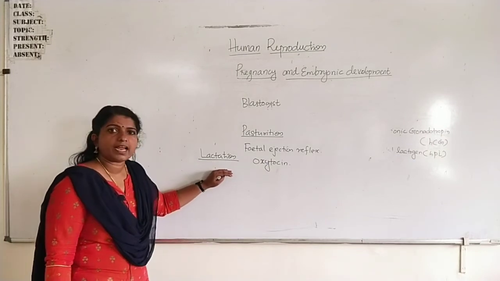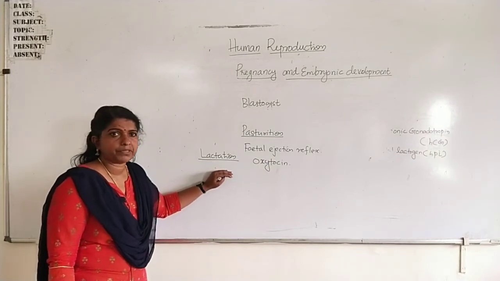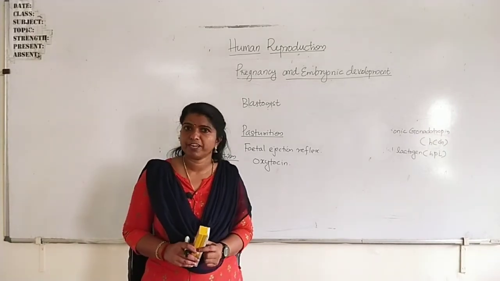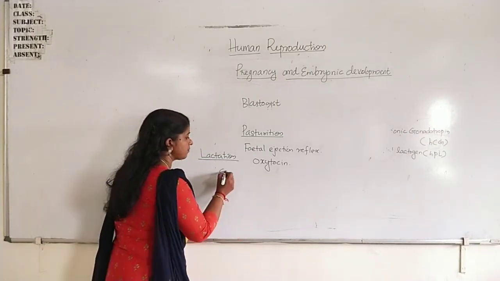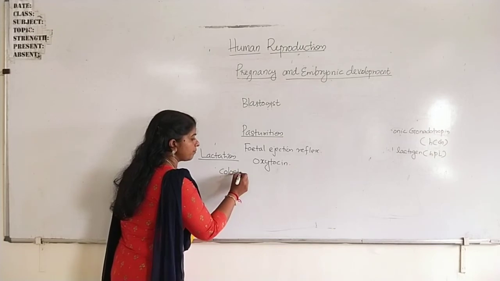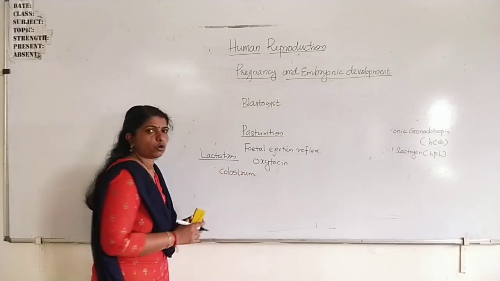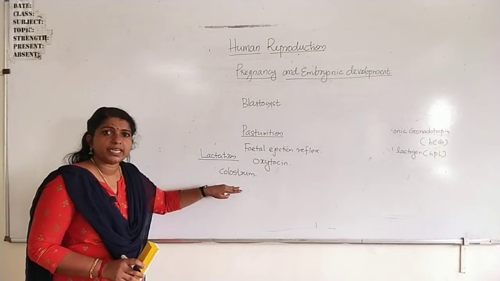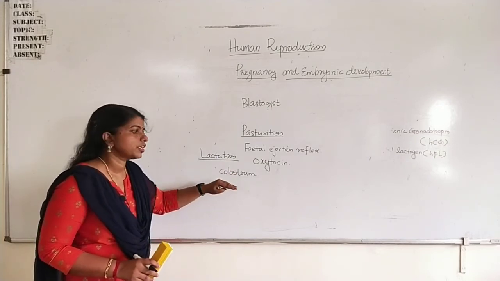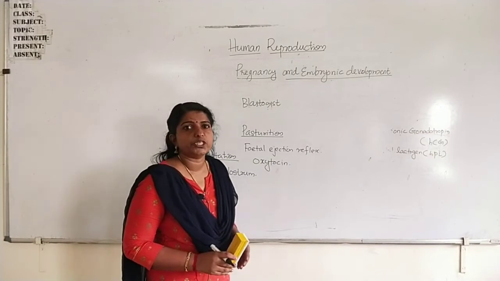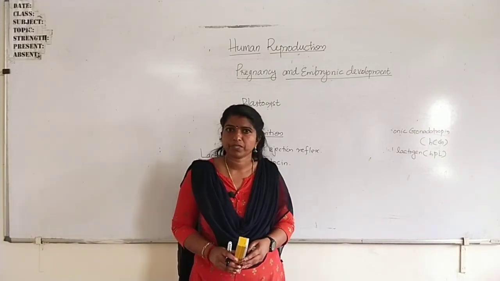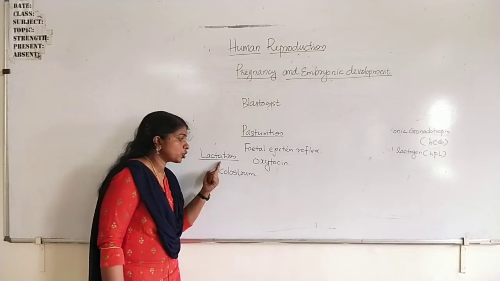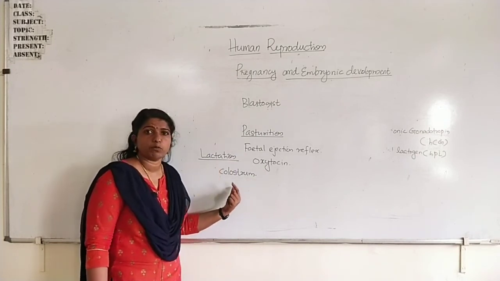So the mother can feed the baby, and the milk produced in the initial stages after delivery is known as colostrum. It is very important because it carries many antibodies which give immunity to the developing baby. So breastfeeding is very important because the colostrum contains many antibodies.